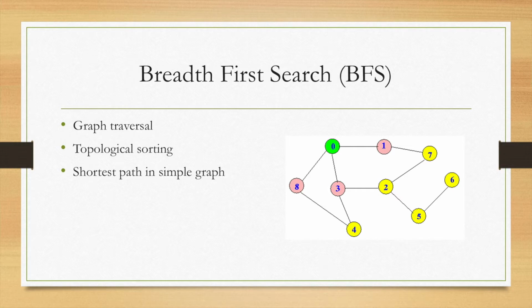In the graph, if we want to find all the nodes, there are two possible ways we can search. One way is that we search based on the breadth. For example, if we start from 0, we can check nodes 1, 3, 8 that are adjacent to node 0.